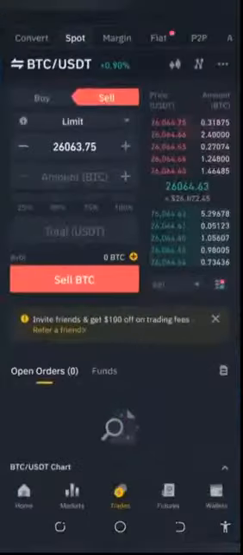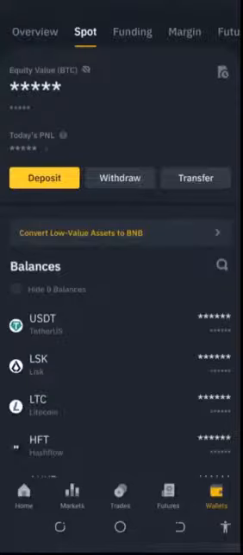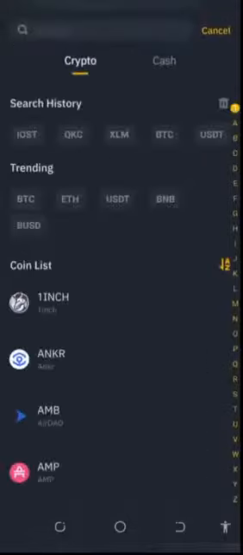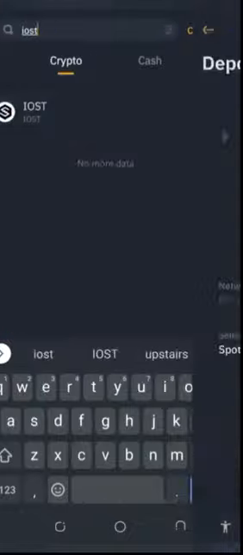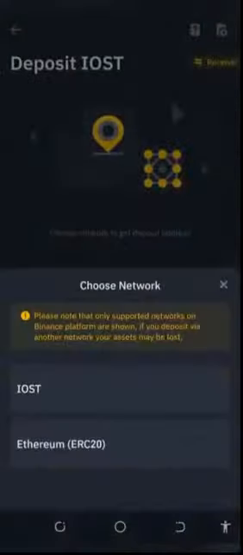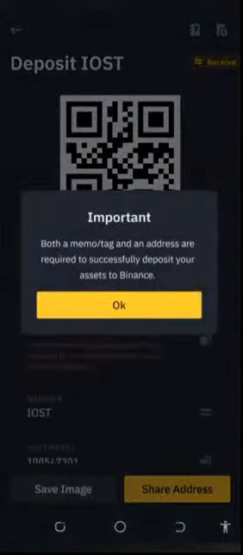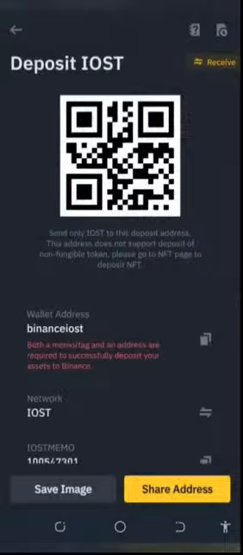So going to Binance, we need to pick our deposit address. Let's pick the deposit address. And that is supposed to be IOST. Okay? IOST. And then we click on IOST. It says both the memo and the tag. So let's click on this. We copy that.